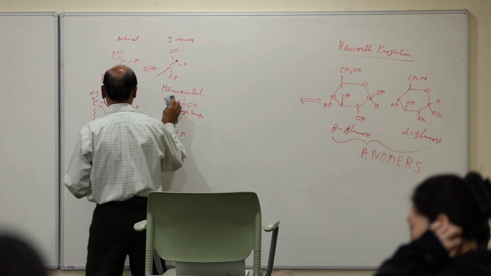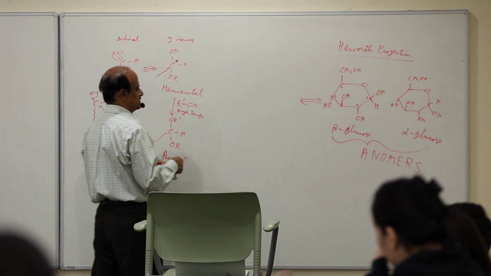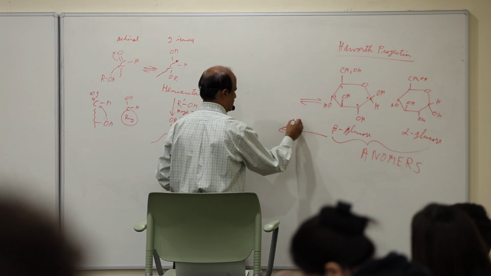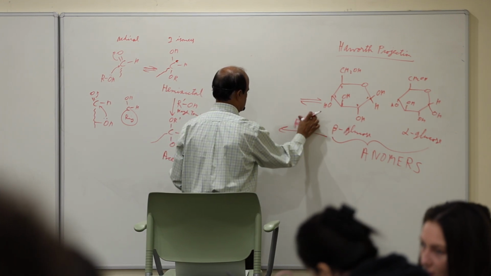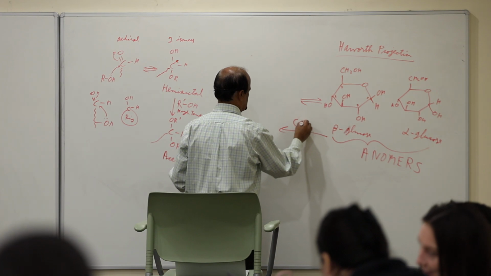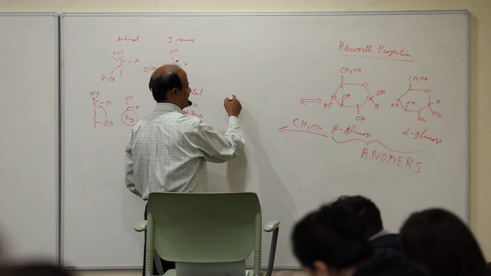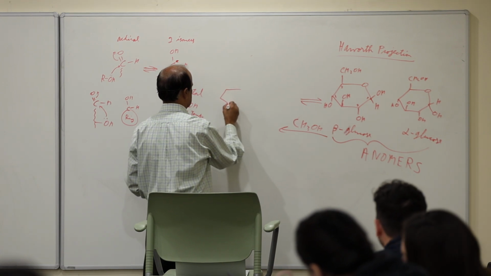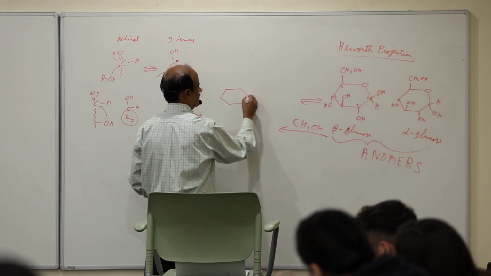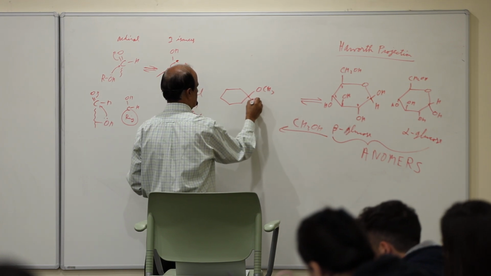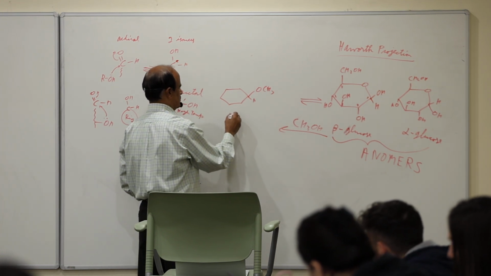So coming back to this reaction, as I said, you can do a reaction of this one. So if you take this mixture and react it with, let's say, methanol, that will form an ether linkage. I'm not drawing the rest of the structure.